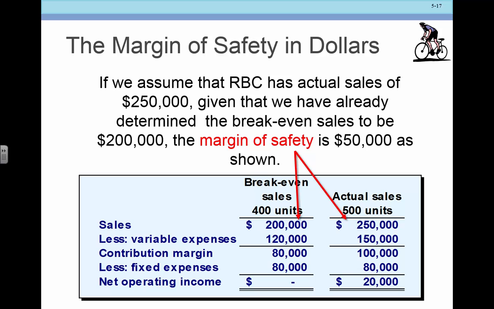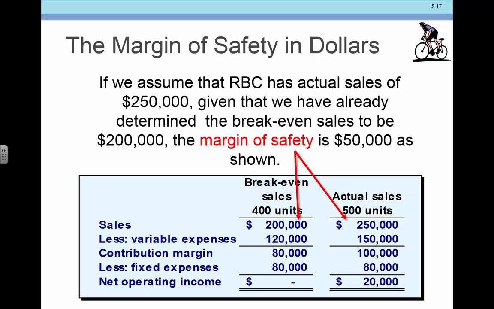So break even, do I divide by dollars or percentage to get the number of units? You divide by dollars to get units, don't you? So 80,000 divided by $200 per bike. I've got to sell 400 bikes to break even.